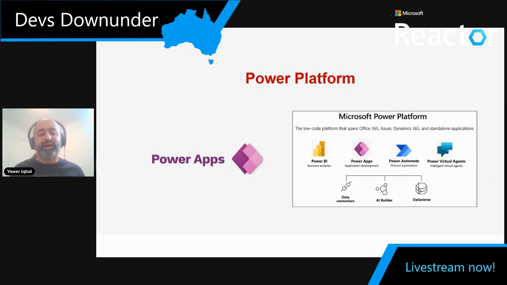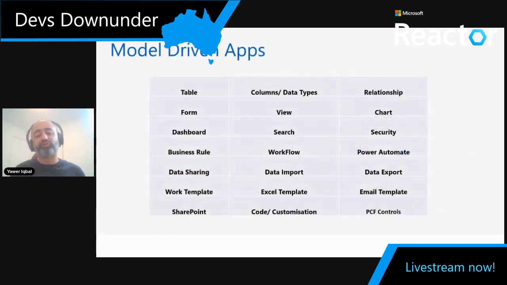For someone who I'm expecting will be new to model driven apps, I think it will not be easy to just start telling what the features of model driven apps are. But I have tried to pick some of the features, just to give a little idea of what a model driven app is, what we can do, and what features make model driven apps famous or popular in the industry.